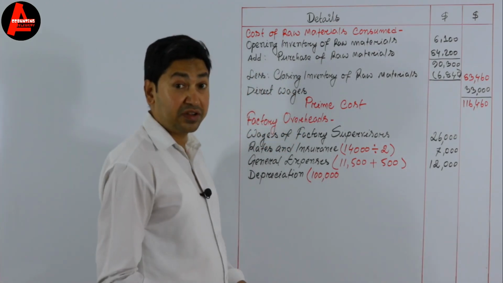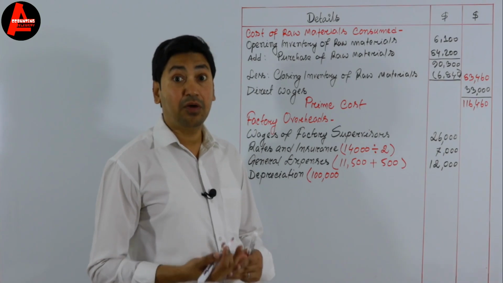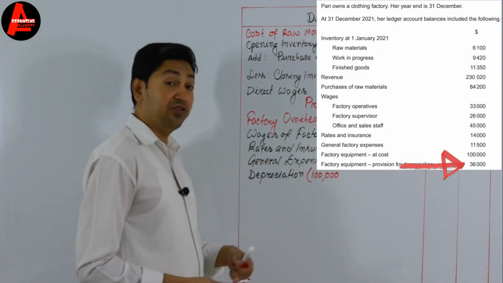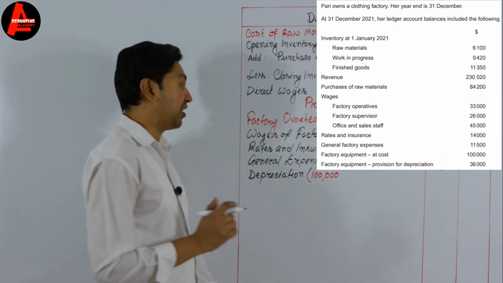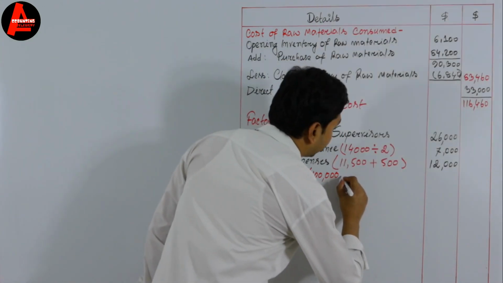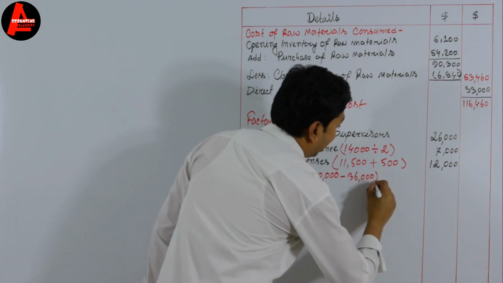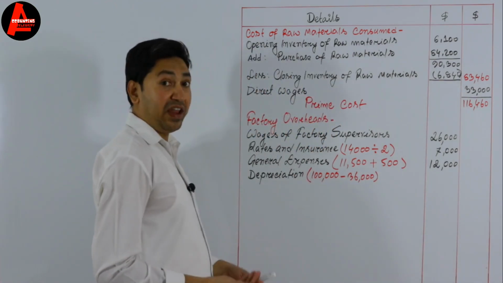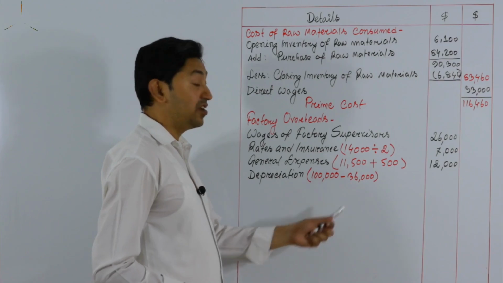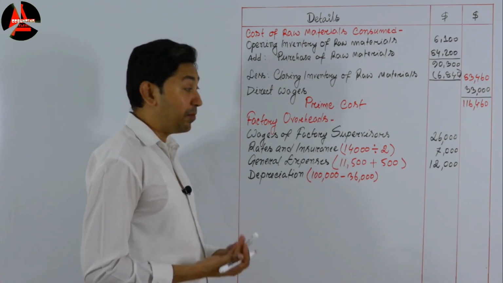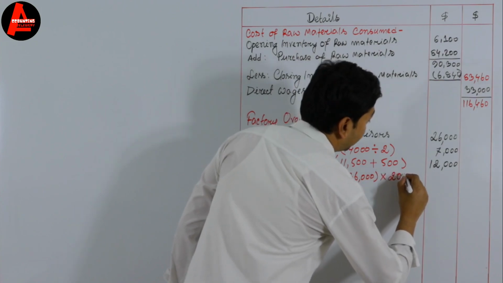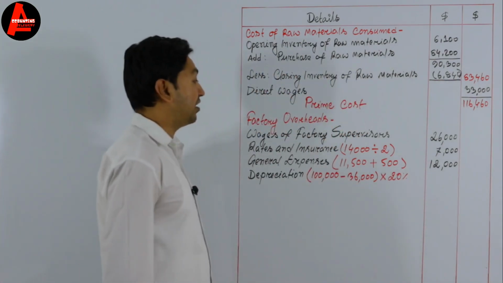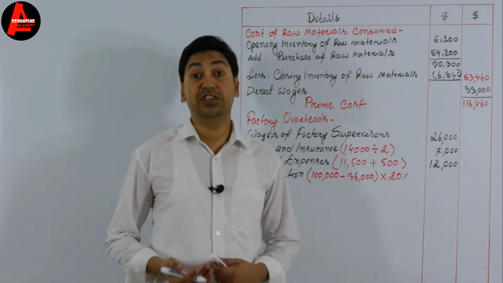We need to subtract the previous year balance of depreciation of factory equipment, which is $36,000 on the question. So let us subtract $36,000. Now the balance we get after subtraction, we will multiply by 20%. This is how you need to calculate depreciation using the reducing balance method.